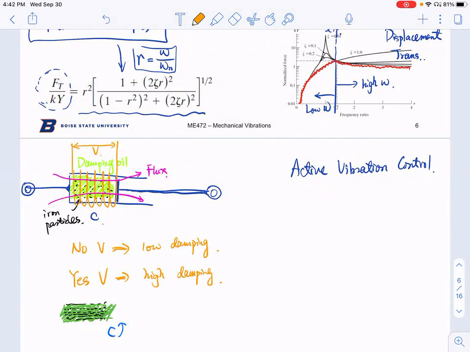So this dashpot definitely needs more energy because you have to apply the current to drive it, and then it needs more maintenance because the iron particles over time are going to settle, they can agglomerate, and then you have to more constantly replace the damping oil.